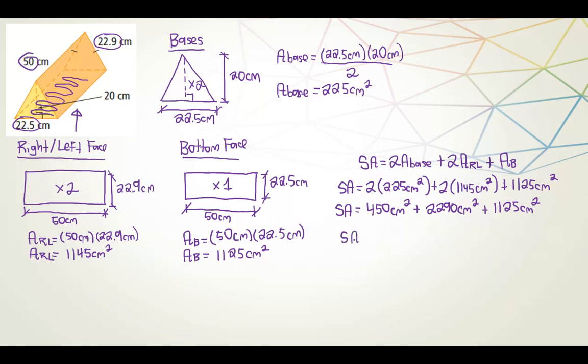Add these numbers together and we get the total surface area. So 450 plus 2290 plus 1125 is going to be 3,865 centimeters squared.